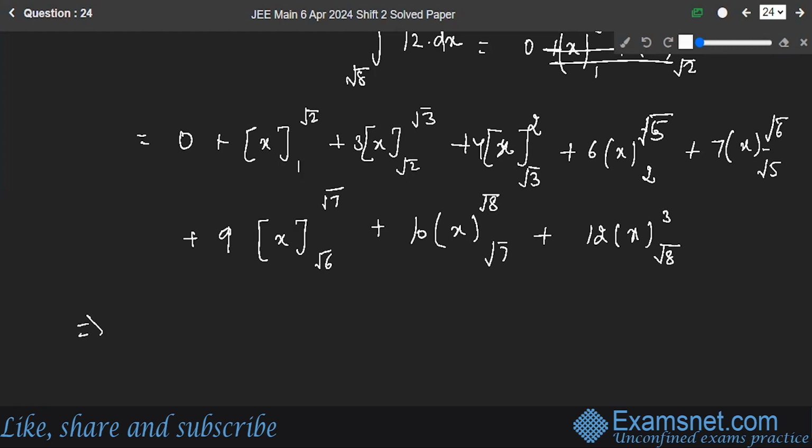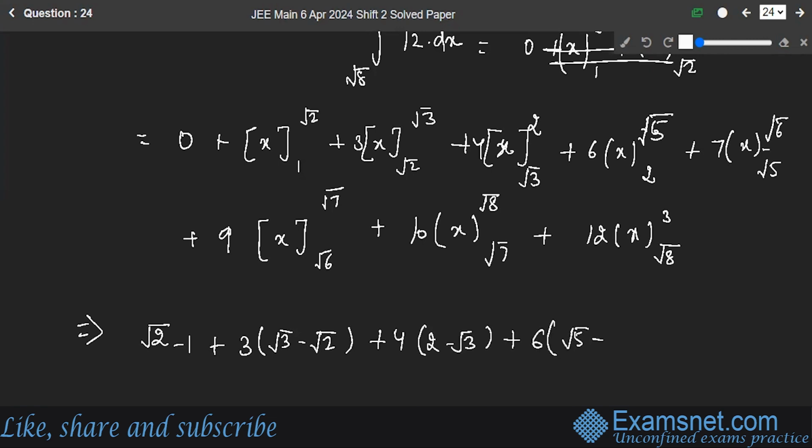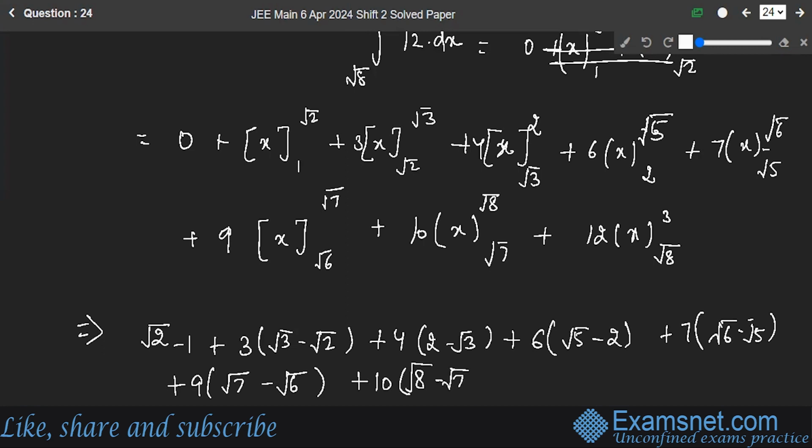Okay, so this will give me root 2 minus 1 plus 3 into this, 4 into this, 6 into this, 7 into this, and 9 root 7, and 10 and 12.